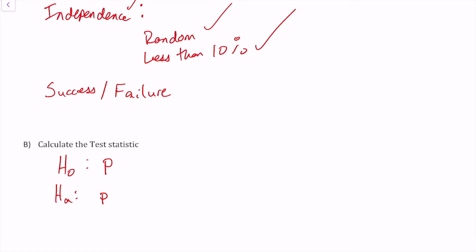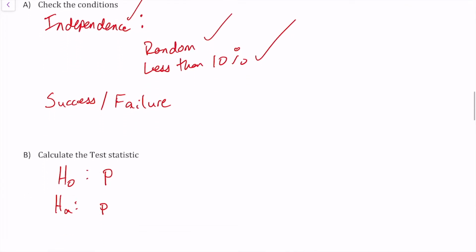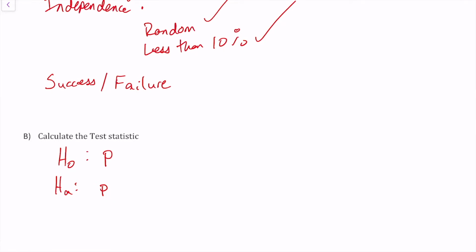In a later video, when we go over population means, we're going to have the Greek letter mu there. We're trying to see if the proportion is significantly less than half. Well, what's half? Half is 50%, right? So that means that our null hypothesis, null always has an equal to, and it's going to be 0.50. That's what it means by half. And then the alternative means less than half, so that's why it's a less than 0.50.